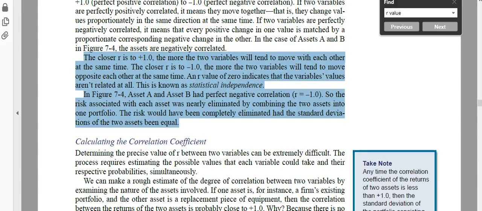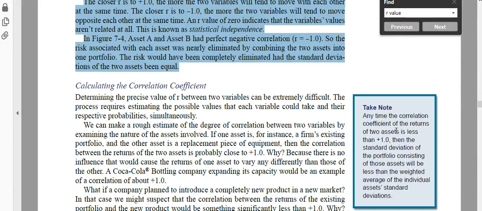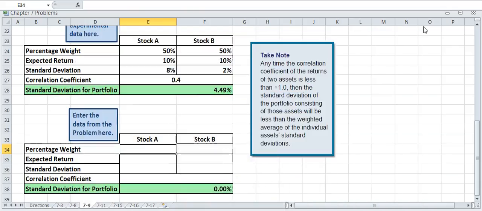So if we go back to our problem, I've got this note copied into it, so I'll just go back there. And if we read this, it says that anytime the correlation coefficient of the returns of two assets is less than 1, then the standard deviation of the portfolio consisting of those assets will be less than the weighted average of the individual asset standard deviations.